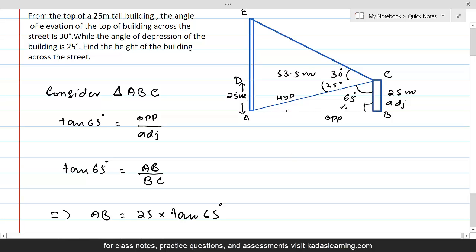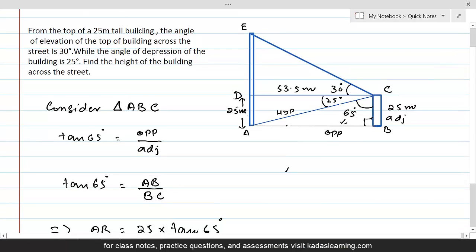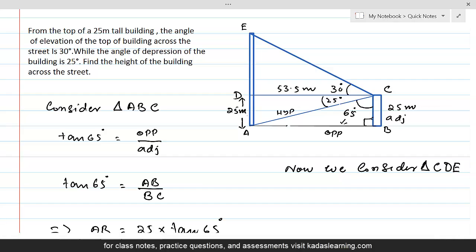Now we consider triangle CDE, because we will find DE from this, while the adjacent of this triangle is known. The side opposite to 30 degrees would be opposite, this would be the hypotenuse, and this 53.5 would be adjacent.